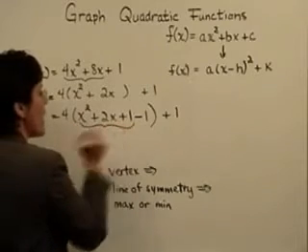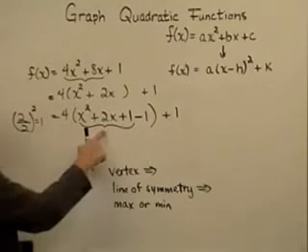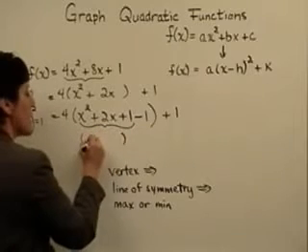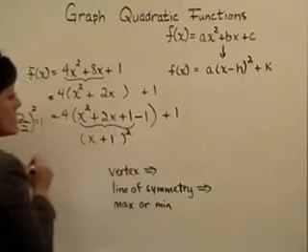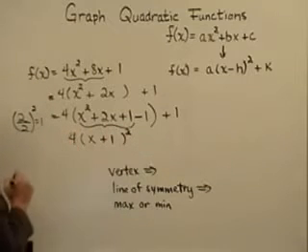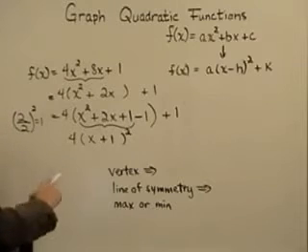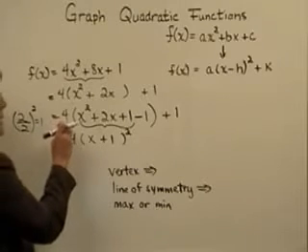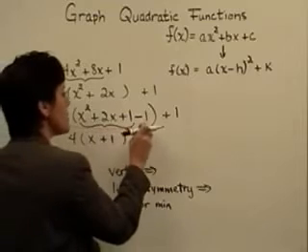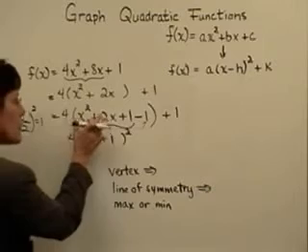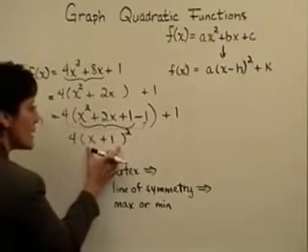Next, it is just that part right there that is called a perfect square trinomial. So that part can be written as x plus 1, that quantity squared. And I'm going to bring my 4 out in front. Here's the part that can probably get you very easily. This 4 right here needs to be multiplied by that negative 1. Because I have the 4 multiplied by all 3 of these terms, that's right here.